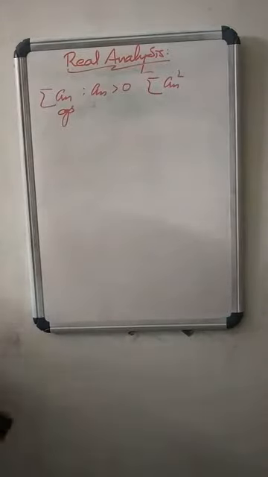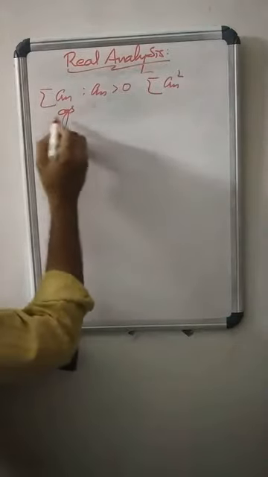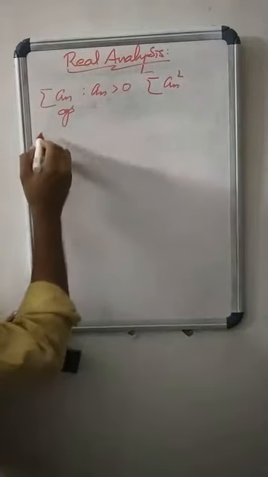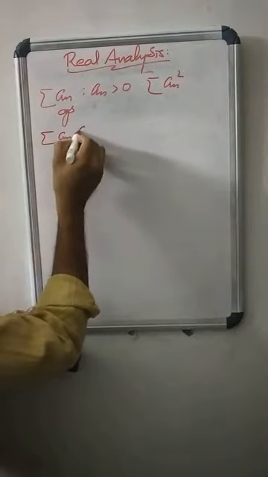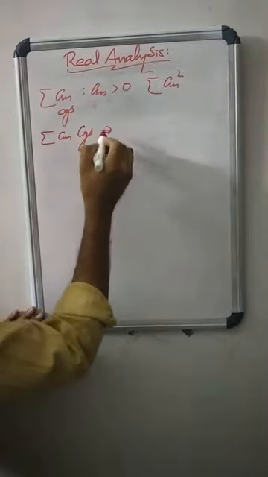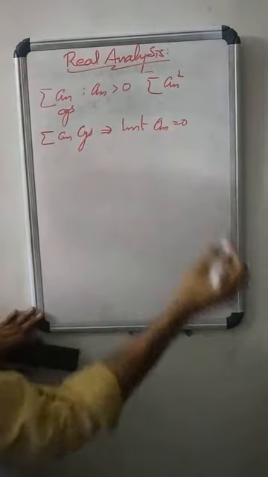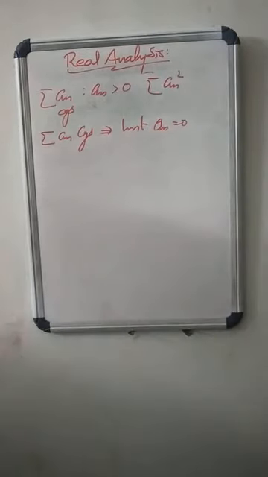So, listen, what is sigma a_n? Sigma a_n converges. Agree? Sigma a_n converges implies limit a_n equals 0. Why? Because of the nth term test.